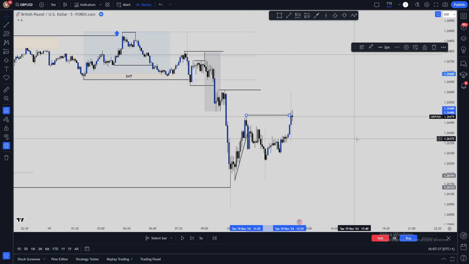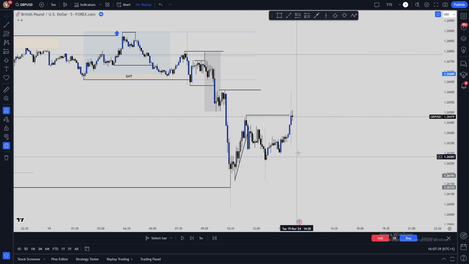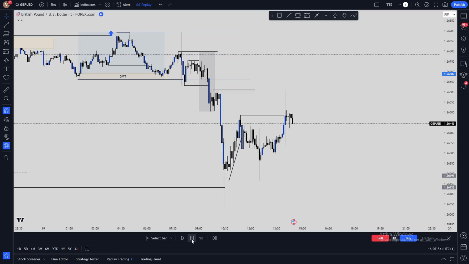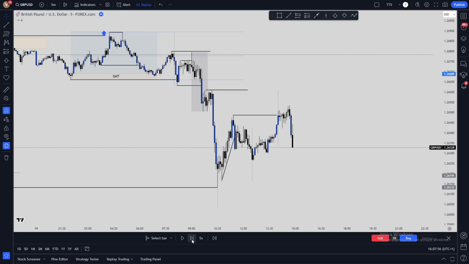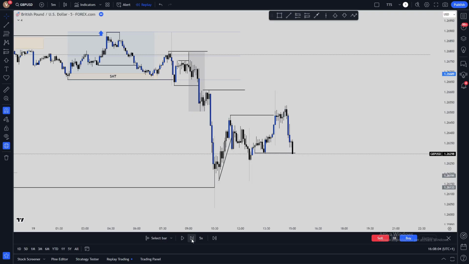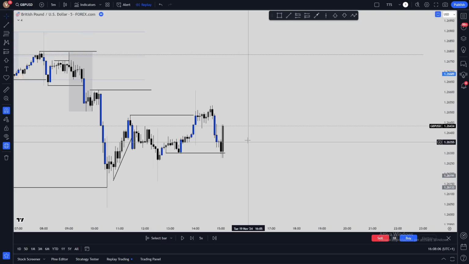Now we have our breakout structure here. So now this confirmed to me that price is ready to make his movement, so I want to look for a buy. Sorry, let's see if price came back. Yes, I have this as a potential liquidity to take. Perfect, very beautiful.